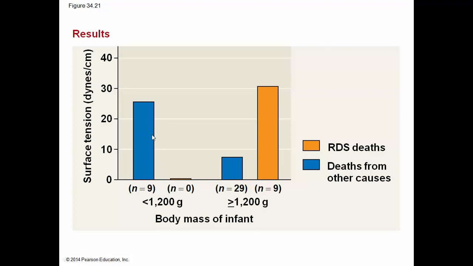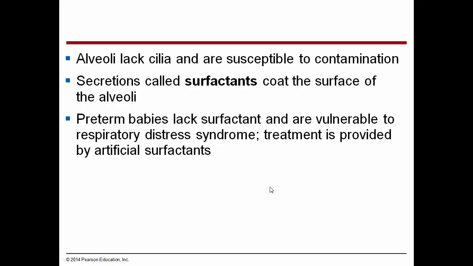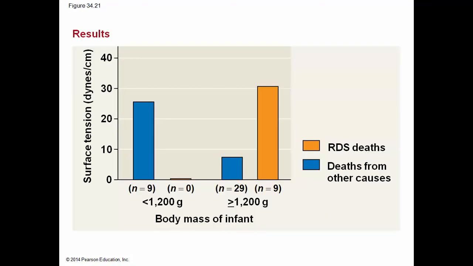Most normal-sized babies died from other causes besides respiratory distress syndrome. But on the preemie side, respiratory distress syndrome did become a problem. And then this indicates the surface tension of water. This is where the surfactants are present, and this is where the surfactants were absent.